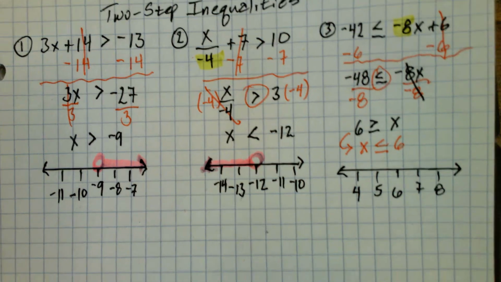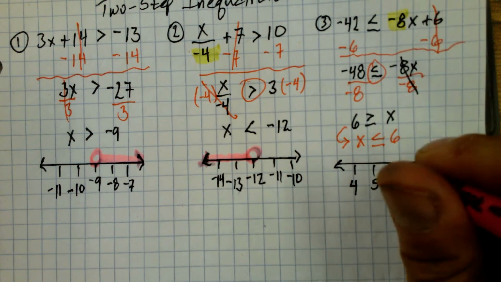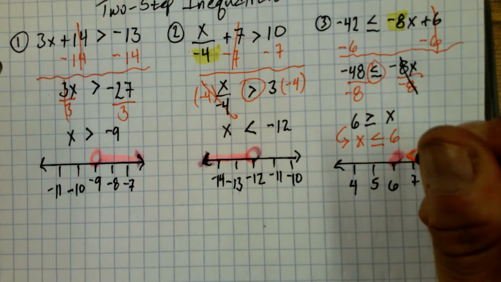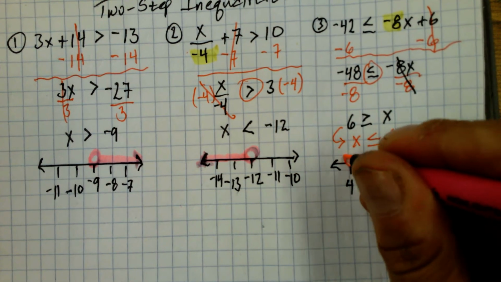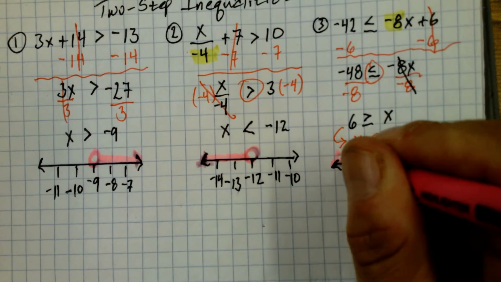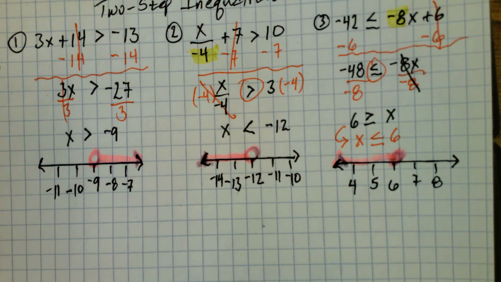So what kind of point at 6 do I want? Open or closed? Closed. I got the equal to part. And then I want everything less than that, on to negative infinity. Okay? So there you have it. All the answers that go there.